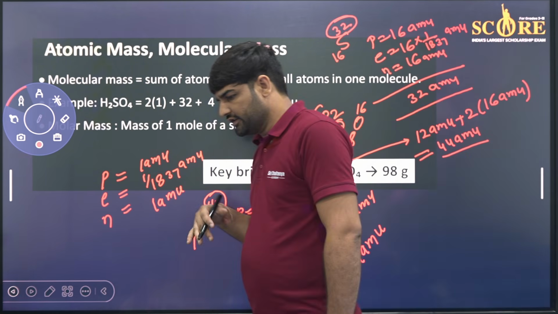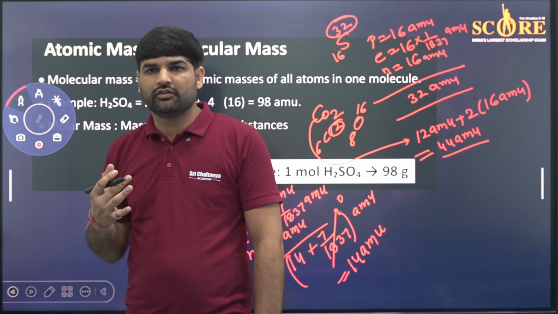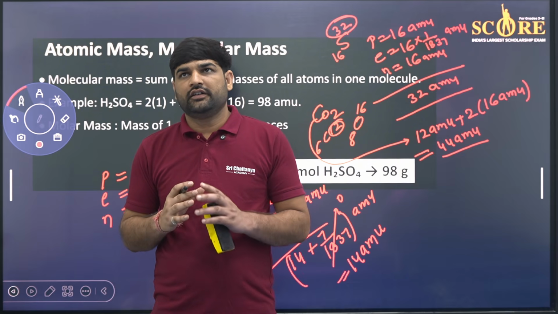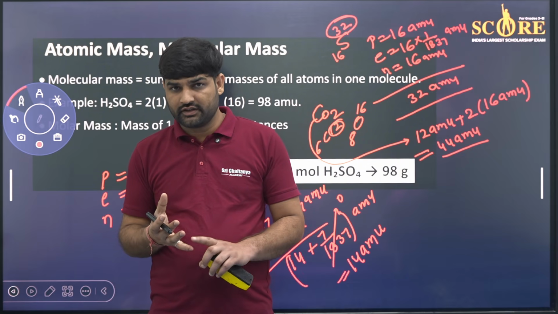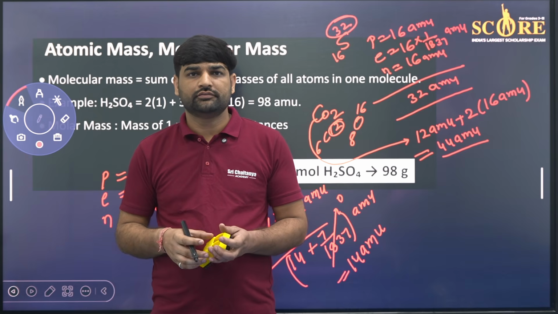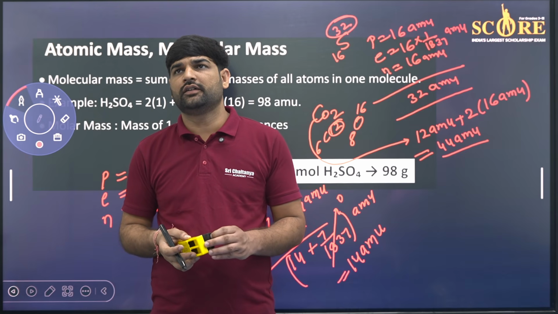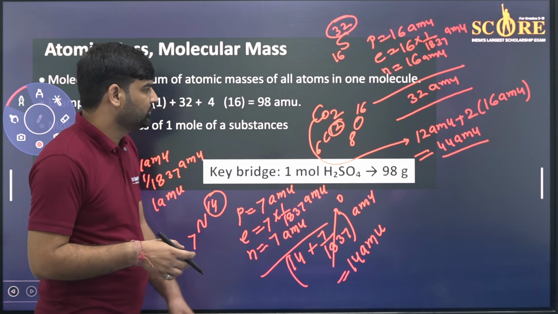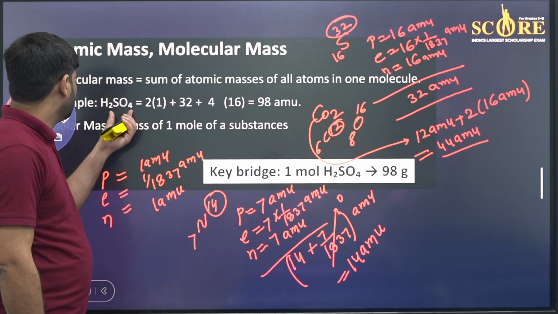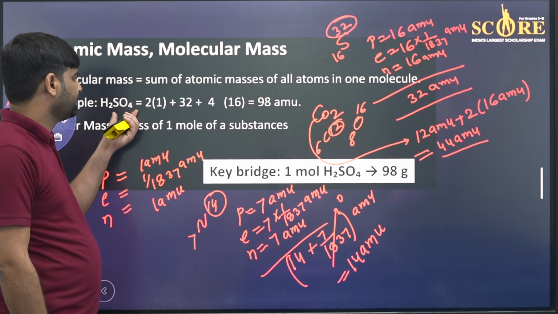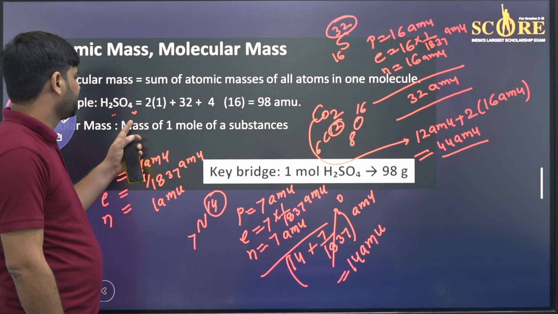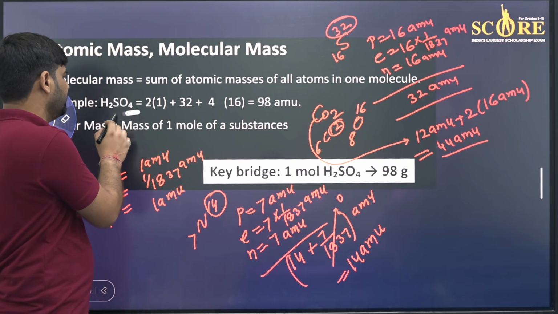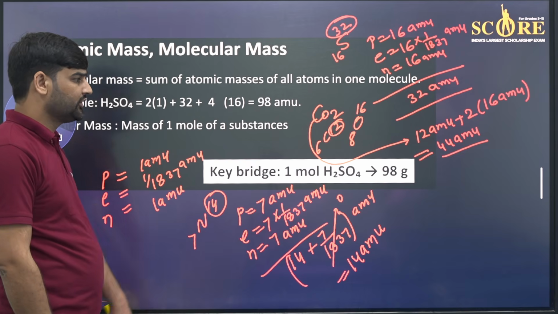So we can understand the basic meaning of atomic mass and molecular mass. It means the mass of an atom in amu is the atomic mass, and the mass of a molecule is the molecular mass. Now there is an example also, H2SO4. We have to calculate the molecular mass of H2SO4.